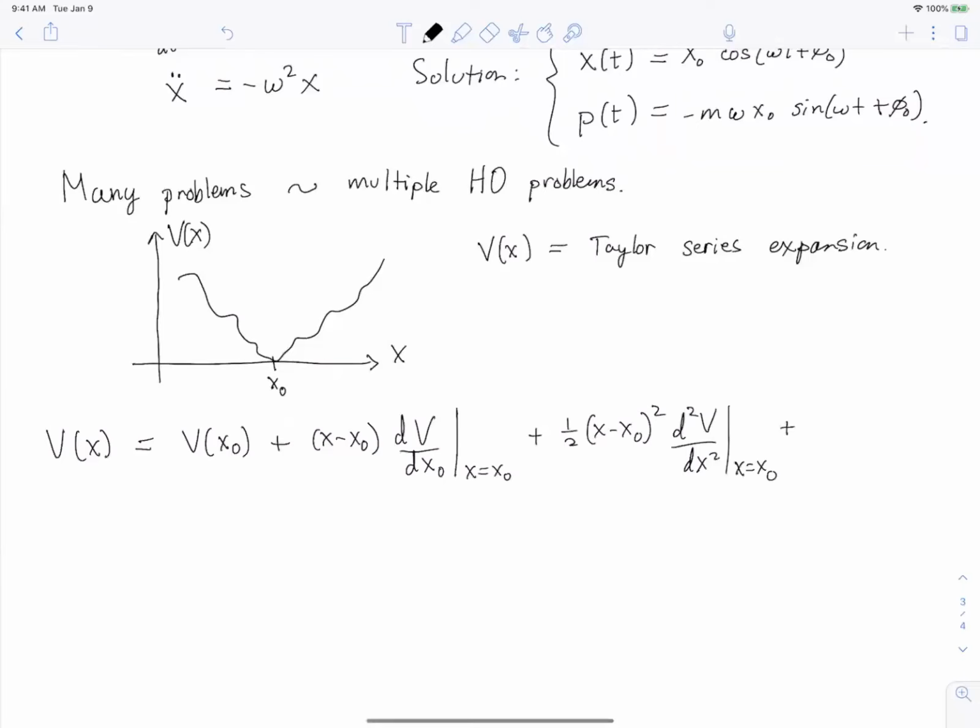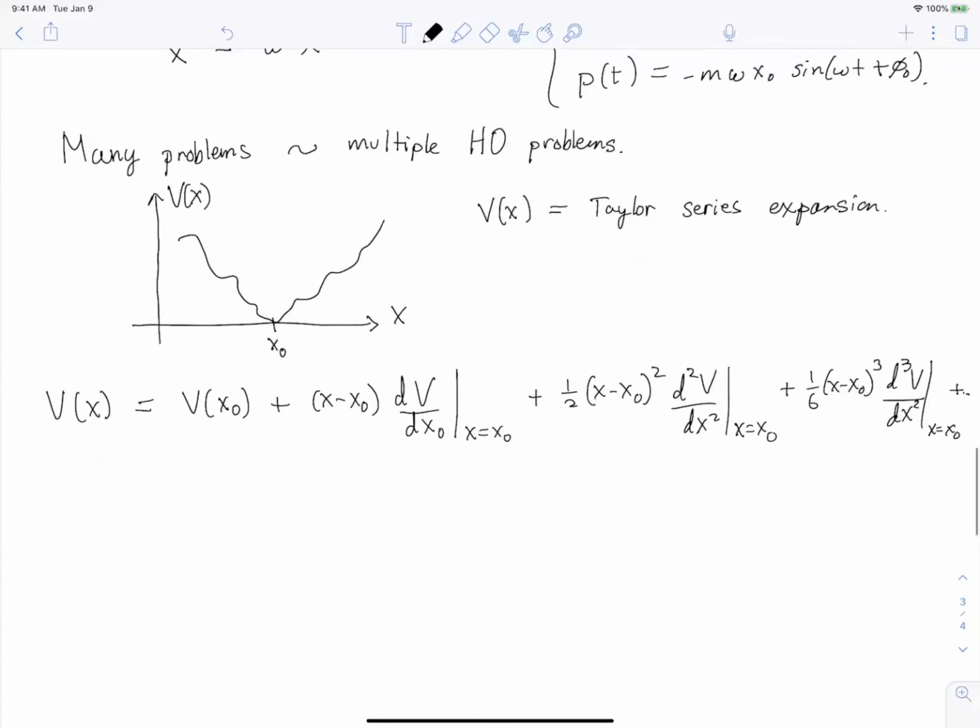And then there's a 1/3 factorial, times the cube of the difference, times the third derivative. And this goes on forever. Okay, now let's think about these terms in turn.